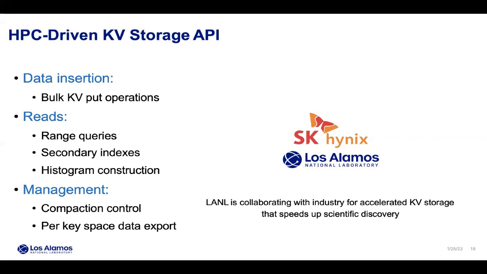And then adding some histogram capability to help with some lightweight indexing. And then in terms of management, because of the nature of the simulation phases, we want to control compaction. We don't want compaction to interfere with new writes that are coming in. And then also serializing data out of the key value store and preserving the indexes was another important feature to us.